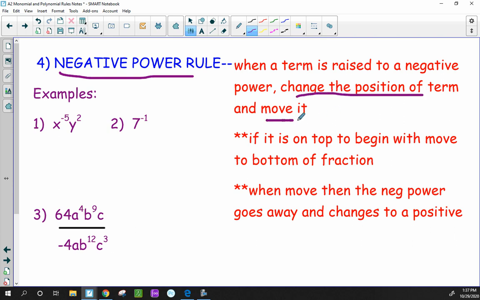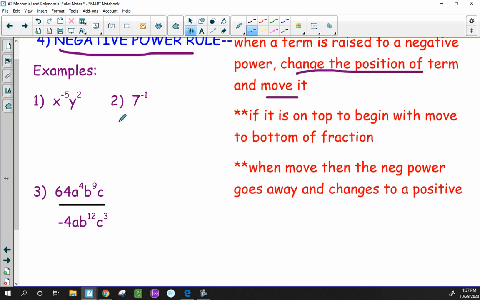And basically I just mean move it. So if it's on the top to begin with, I need you to move the whole term to the bottom of the fraction. And that also works the other way, vice versa. But when you do move a term that has a negative power, then the negative power actually goes away. It changes to a positive, and then your answer is more simplified. Again, do not leave negative exponents in your final answer.